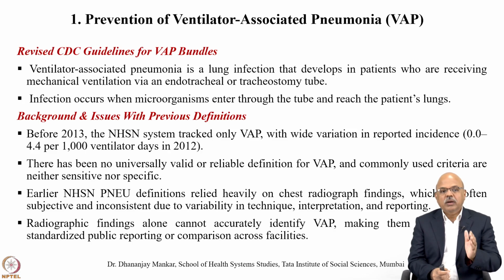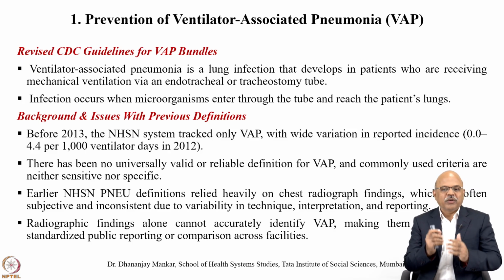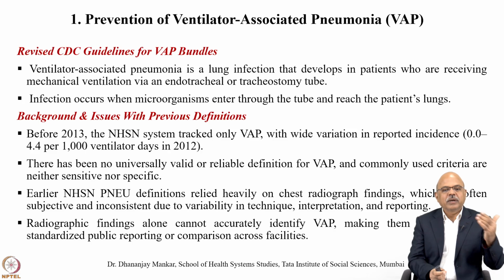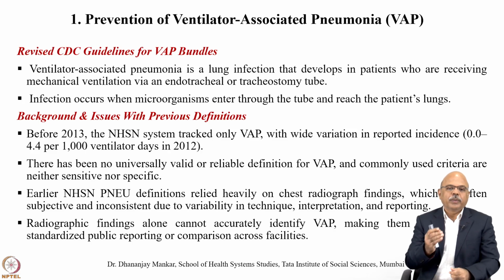This infection occurs when an organism enters through this tube and reaches the patient's lung. It can be a cross infection, it can be transmitted by the hospital or healthcare employees, or it can even be acquired by the patient during the procedures.